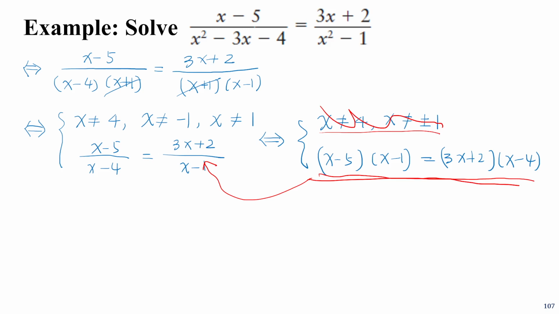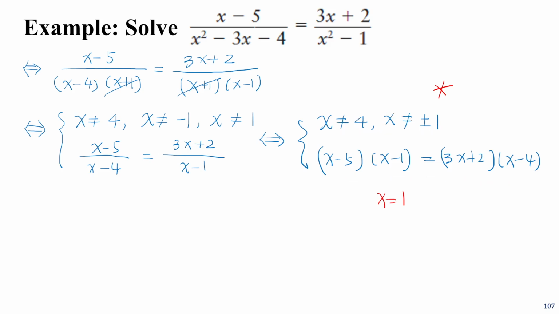Because in the second expression, x can be 1, but in the first expression here, x cannot be 1, right? So you do not forget this. This is very important. You have to constrain x in the correct domain. As long as you ensure the constraints here, then you can safely use the cross product. Did you get it?